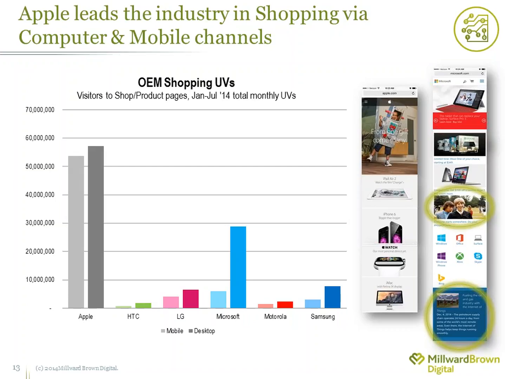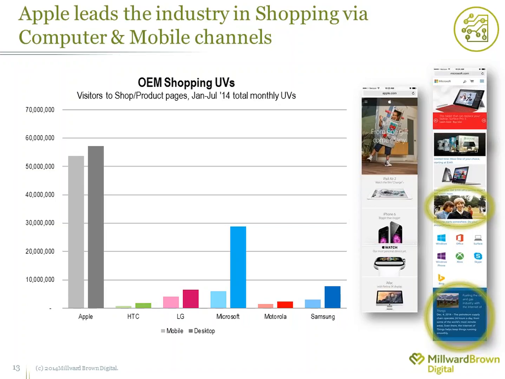So what you can see here is that clearly Apple is driving the largest volume of engagement on both sets of devices, and Microsoft is doing well at driving traffic on the desktop device, but not quite nearly as well on the mobile side comparatively.